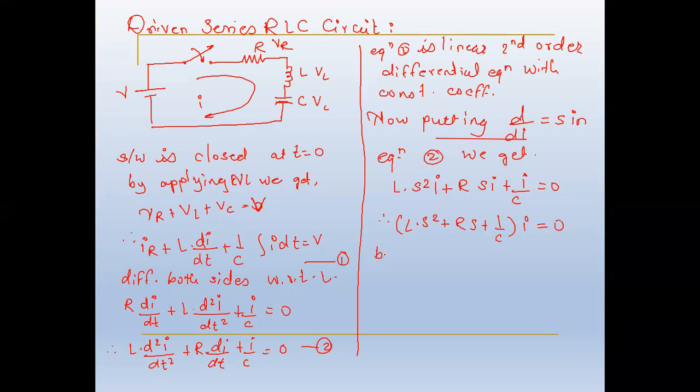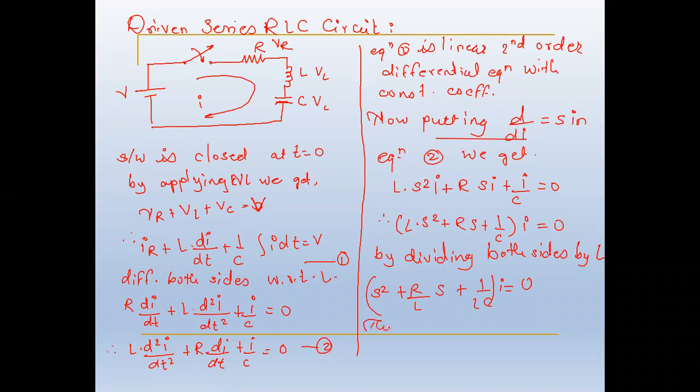Now, by dividing both sides by L, we get s square plus R by L s plus 1 by LC into I is equal to 0. So this is called a characteristic equation or auxiliary equation of a series RLC circuit.